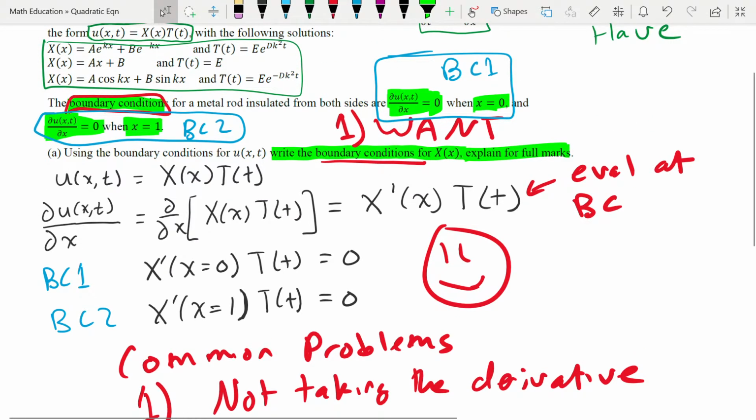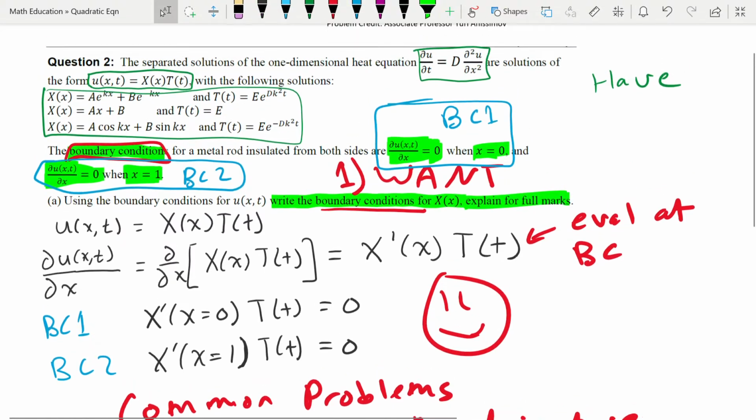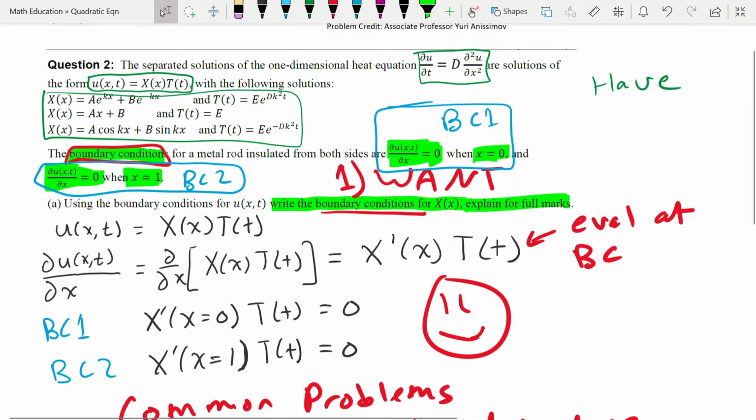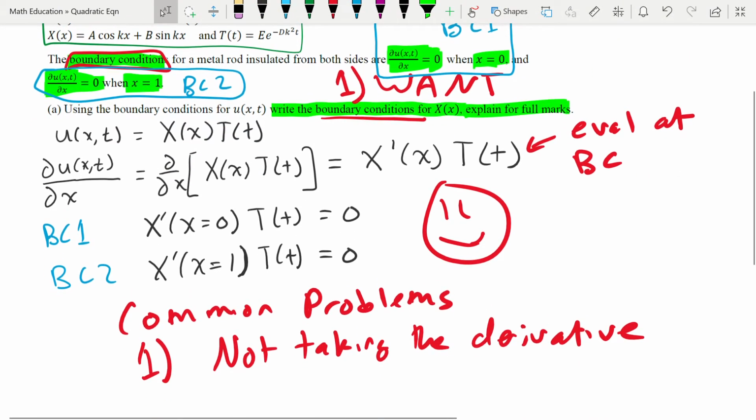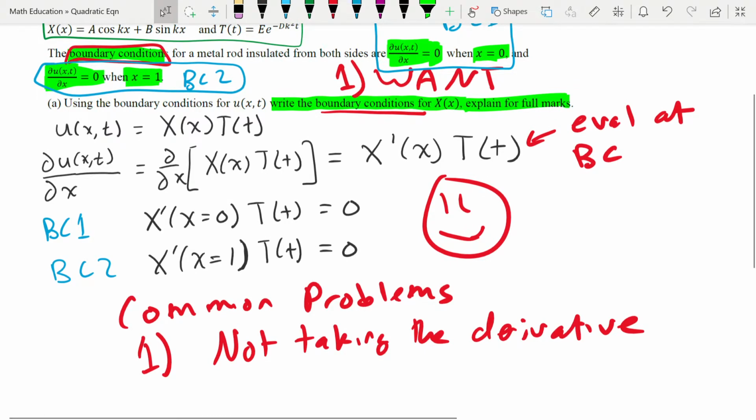Some people are so used to us setting the boundary conditions so that the function is 0 at 0 and the function is 0 at 1, they completely skipped over the fact that we're taking a derivative here for the boundary condition. Some of you might notice that we haven't actually fixed the value of the function at all with these boundary conditions. Just as a side comment, that's going to come up later on in the problem and be important.